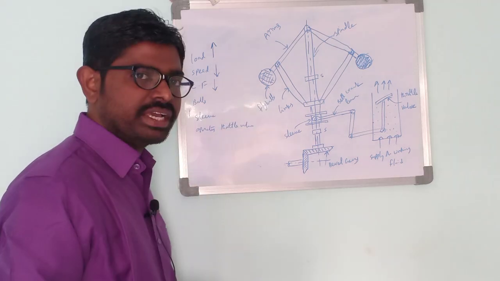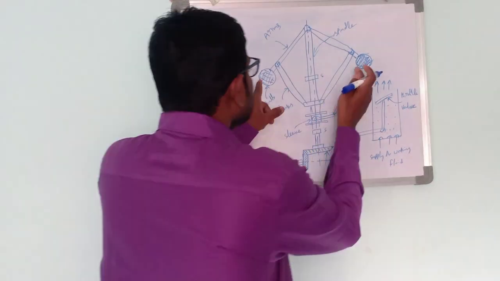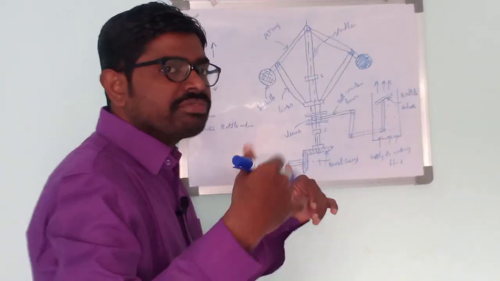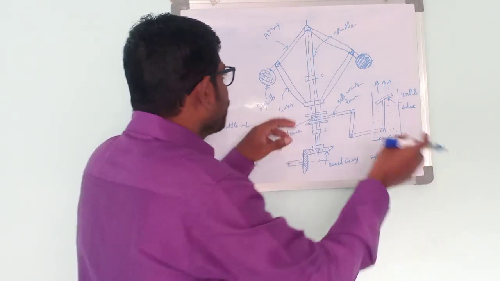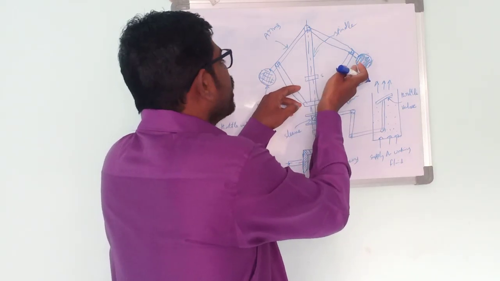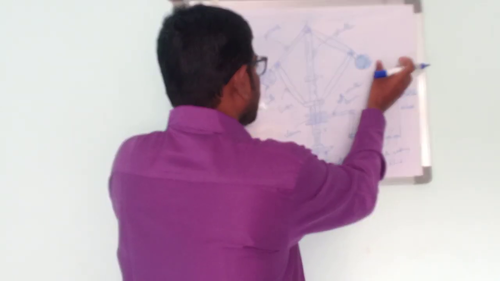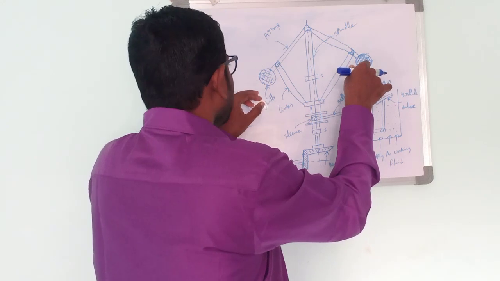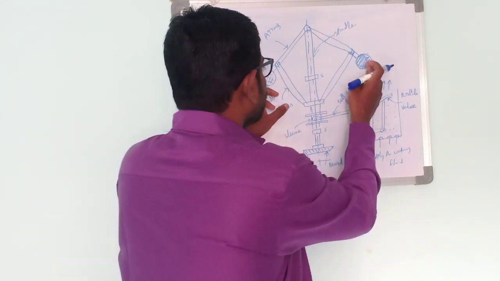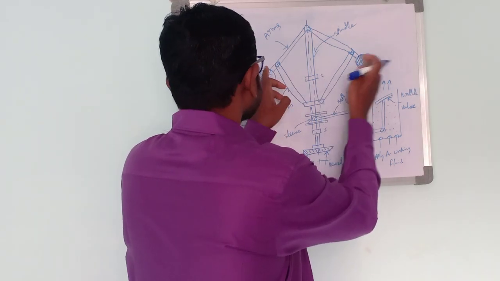I told you already, the centrifugal force always acts away from the center. It means when the centrifugal force is increased, the balls move outward. Here, in this case, the centrifugal force is decreased. It means the two balls will move inward towards the spindle like this.